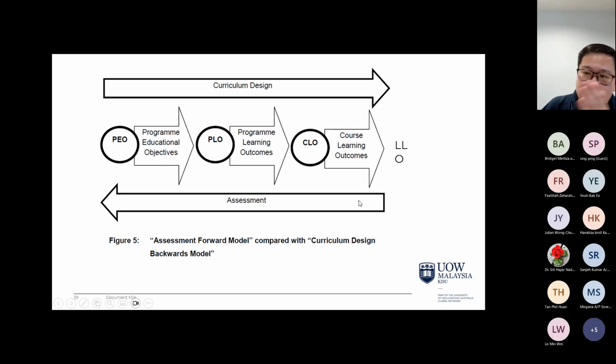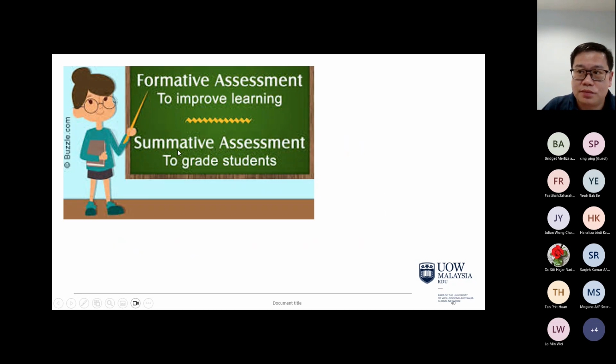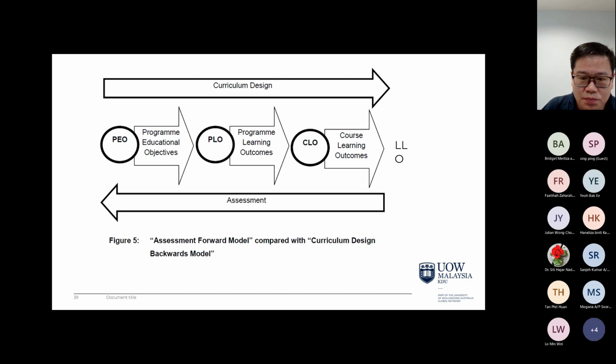Okay, so assessment is bottom up. Assessment is bottom up at that level itself. So once it is done, it is justified, then eventually students are deemed to achieve the CLO, PLO, and PEOs.